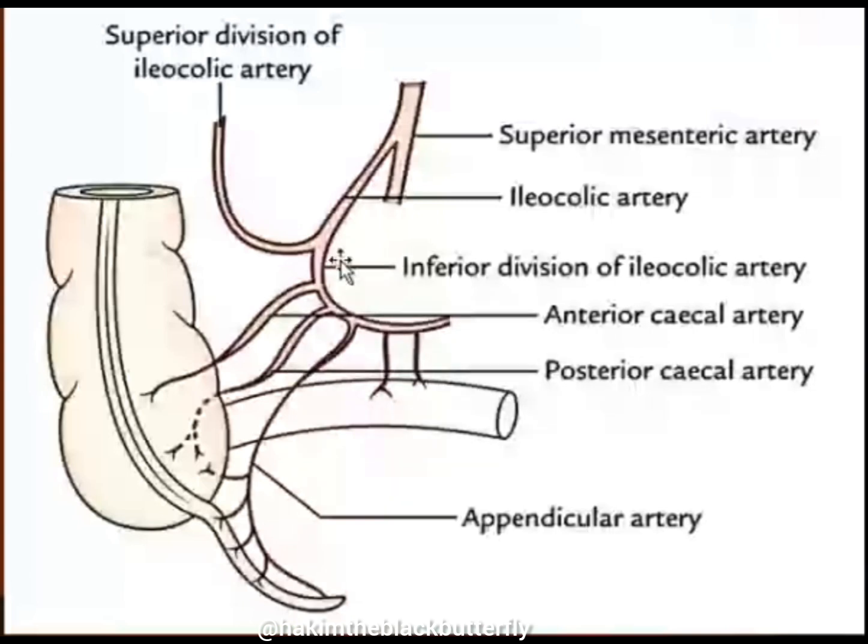Then the inferior division of the ileocolic artery is going to give us our appendicular artery, which is going to come and supply the appendix. And it also gives off branches to the ileum. So the appendicular artery is a branch of the inferior division of the ileocolic artery, and the ileocolic artery is a branch of the superior mesenteric artery. And this is the blood supply of the appendix.